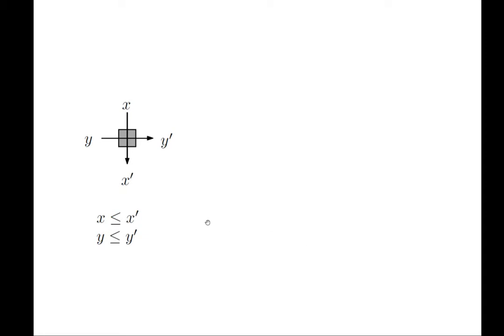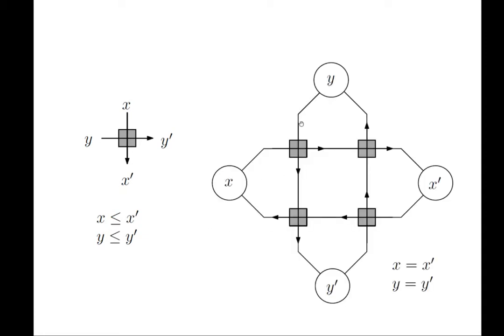But what we can do is use this half crossing gadget, combine 4 of those, and we get an actual crossing gadget. So what happens here? We split x. So x prime must be larger or equal to x because we have 2 of those half crossing gadgets.